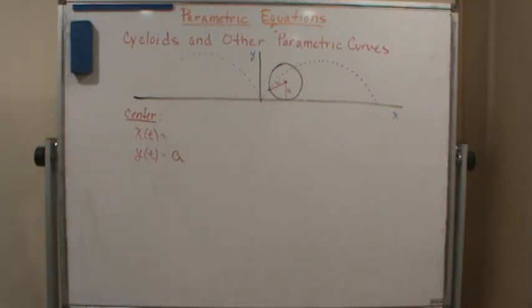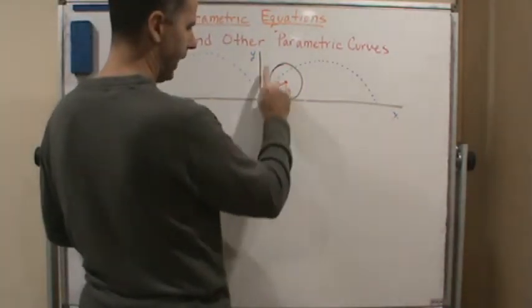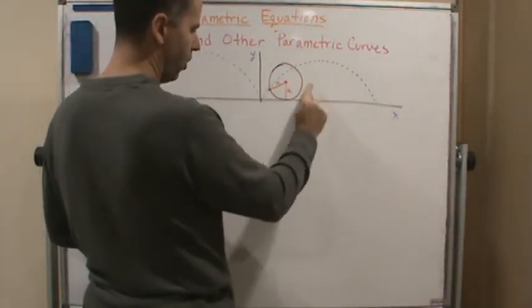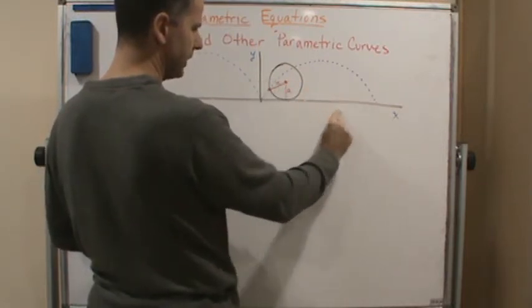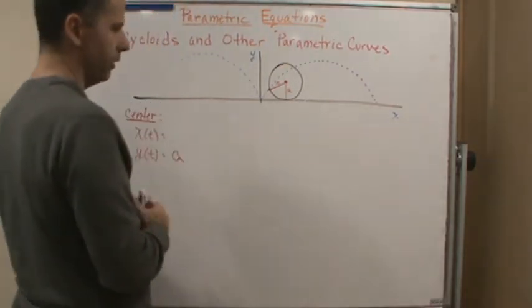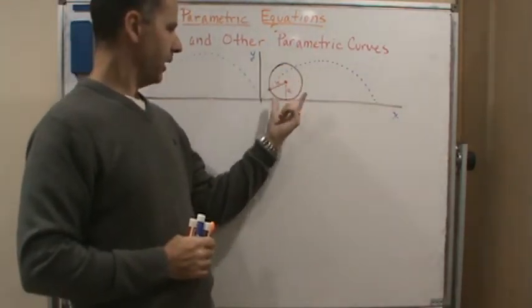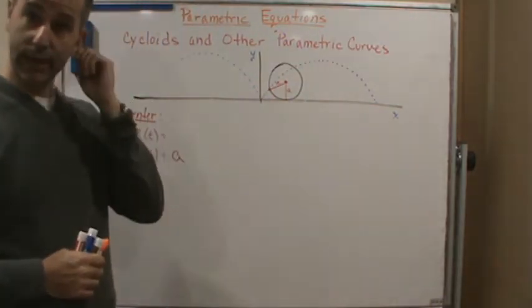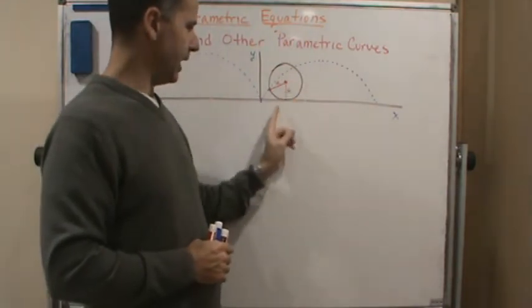What about the x-coordinate? Well, the x-coordinate is changing as this rolls, so it's moving along the x-axis. But x depends on t as well, because as t increases, let's say time, this is moving at a constant speed.